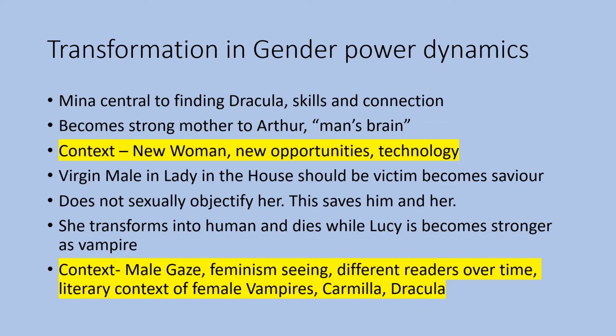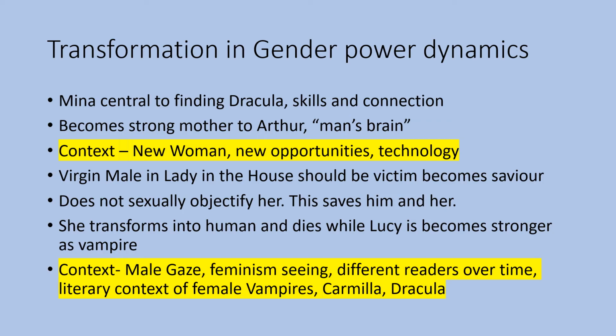Perhaps Carter is saying that if men view women not merely as sexual objects, then it's healthier for everyone, one could argue. So his ability to save her is through his ability not to objectify her. And so you could bring in that context there of the male gaze.